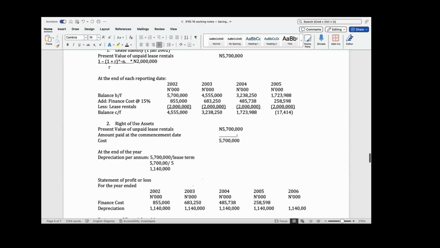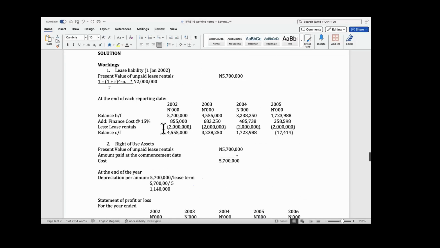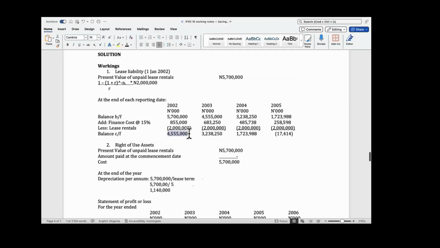Let me confirm. Yes, if you add 3,238 plus 1,316, it still gives you 4,555,000, the total lease liability for the year.